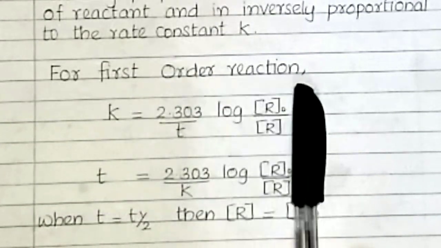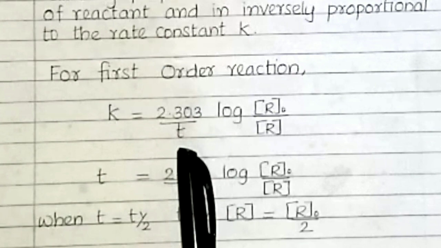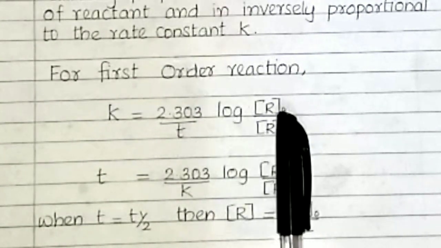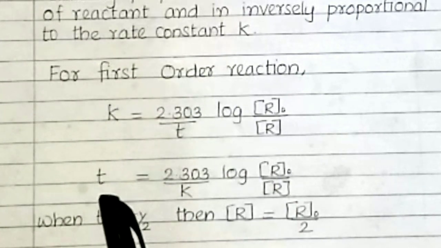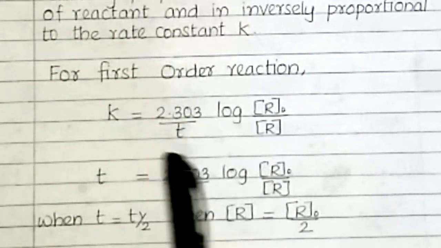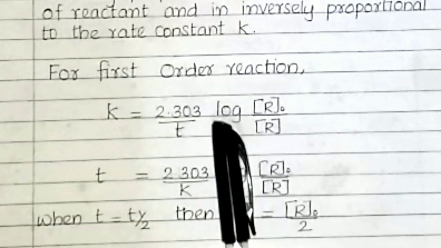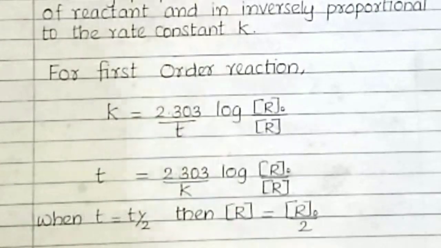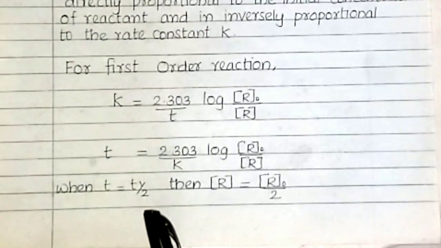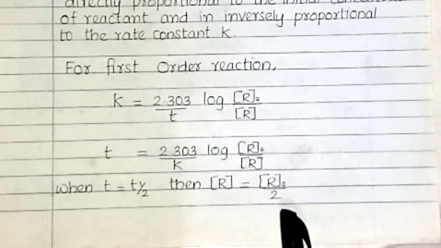Then for a first order reaction, we know the rate constant k is equal to 2.303 divided by t into log of concentration R0 by concentration R. Then here we can write t is equal to 2.303 divided by k into log R0 divided by R. Then when t becomes t half, the concentration R becomes R0 by 2.